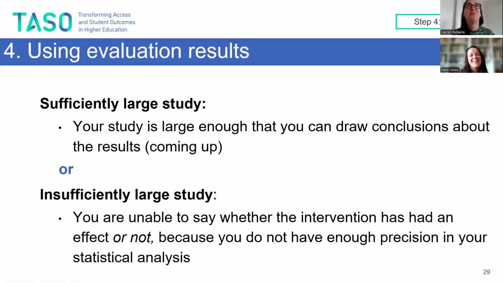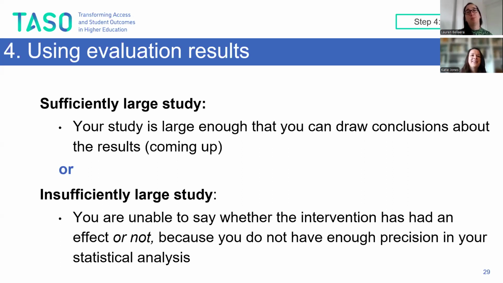Okay, so this is an interesting point that I want to hit home, which is when you get all your data in, at the point of analysis, the first thing you want to consider is whether your study has ended up being sufficiently large enough to draw a conclusion from the data about the impact of the intervention. We refer to this as statistical power, and it's definitely a topic we'll be tackling in the more detailed webinars.